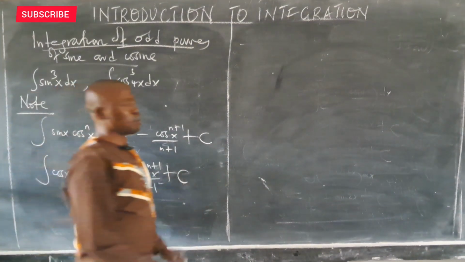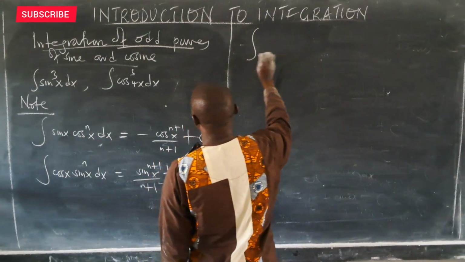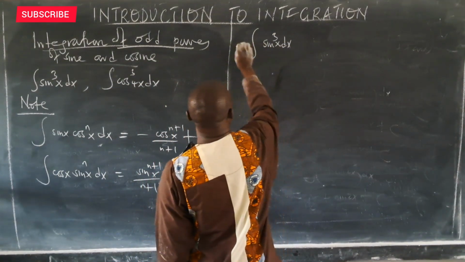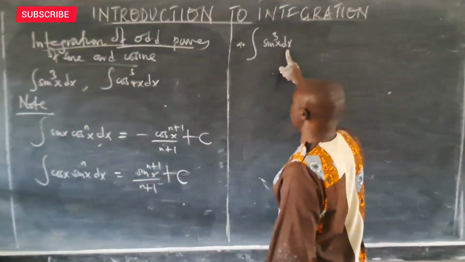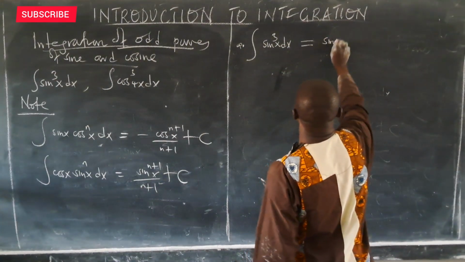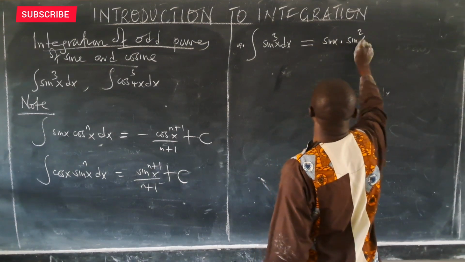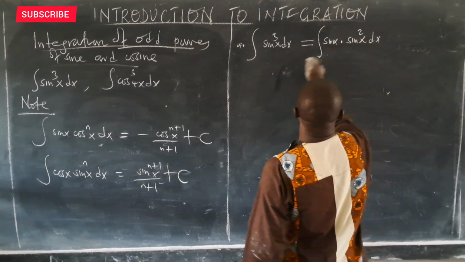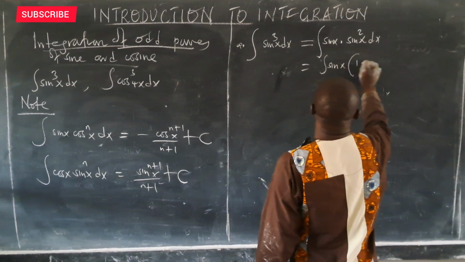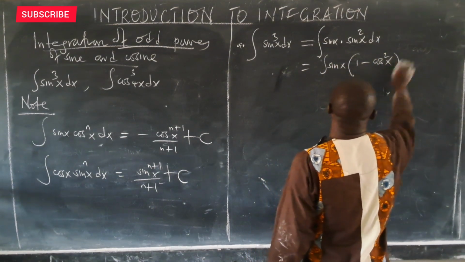Let's look at some examples here. Let's say you are integrating sine cubed x dx. Normally we first express this to cause a cos in it, so we shall have it broken down into a product of two functions like this. Then we express this term in terms of cos, so it's sine x times 1 minus cos squared x dx.